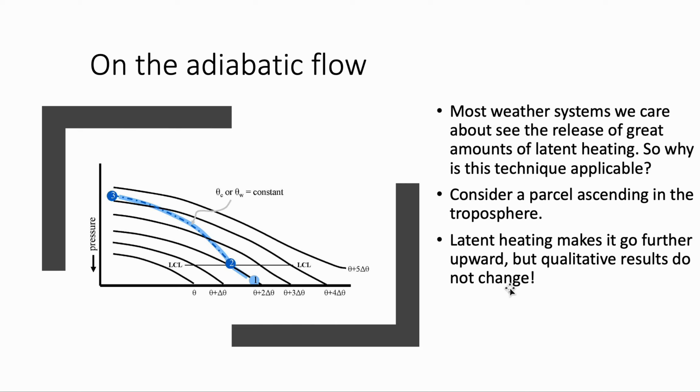However, there are two things that we want to say. One example is a parcel that is rising, and let's say it rises along a dry adiabat, and then at some point it condenses, and this condensation makes it rise along a moist adiabat, not a dry adiabat anymore, which is what we use to define the isentropes.